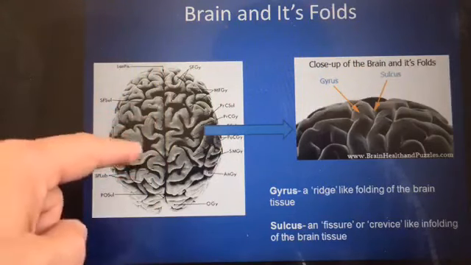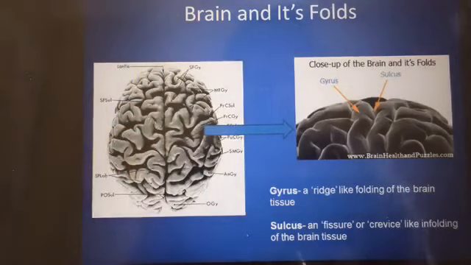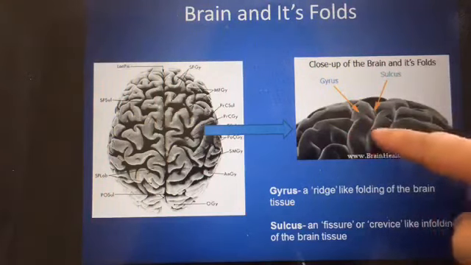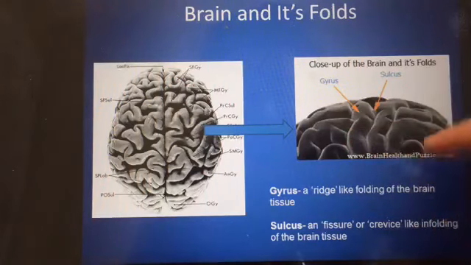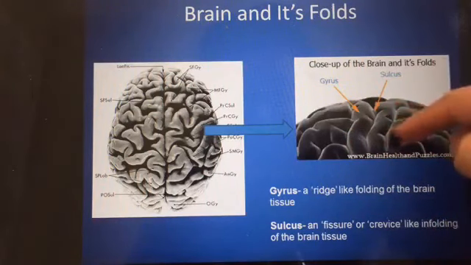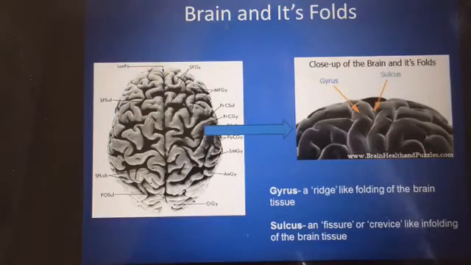And then you have the sulci, these dark looking areas, which are the pits between the ridges. So the gyri are these ridges, and the sulcus is the fissure which exists between two consecutive gyri.